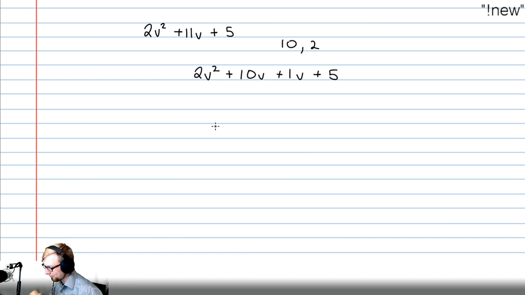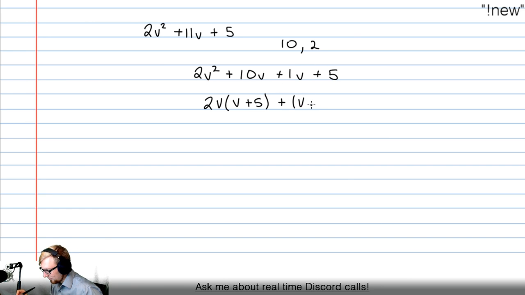Good. And then I factored that out, so I have 2v outside of the parentheses, v plus 5 in the middle, close paren. Since there was nothing there, I had to put that place value of number 1 outside of the paren, and then kept v plus 5 in the parentheses. Even if you don't write a 1, it's still assumed that it's there.